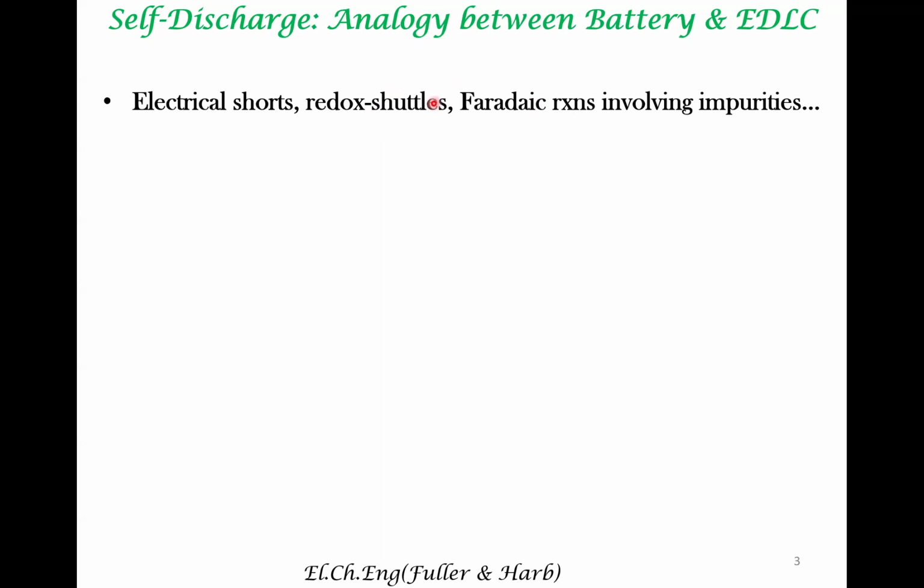So in the absence of electrical shorts, we can think about Faradaic reactions. We assume that the Faradaic reactions that contribute to leakage current in an EDLC form the expression for that leakage current, which can be approximated via Tafel kinetics.